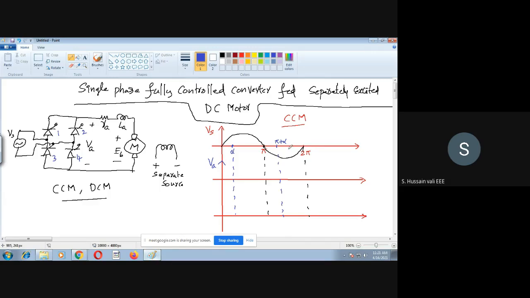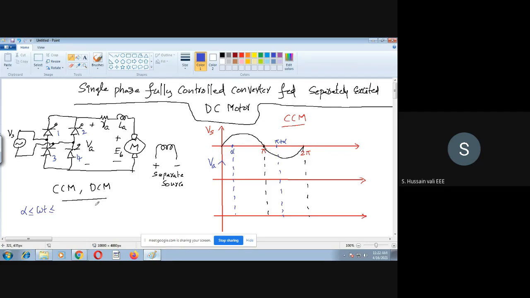At alpha, we will trigger thyristors 1 and 4 because it's a positive half cycle. So I will write here from alpha less than or equal to omega t less than or equal to, we'll fill that in later also.